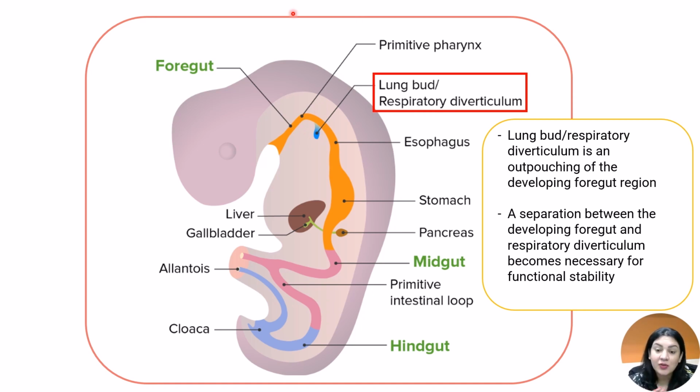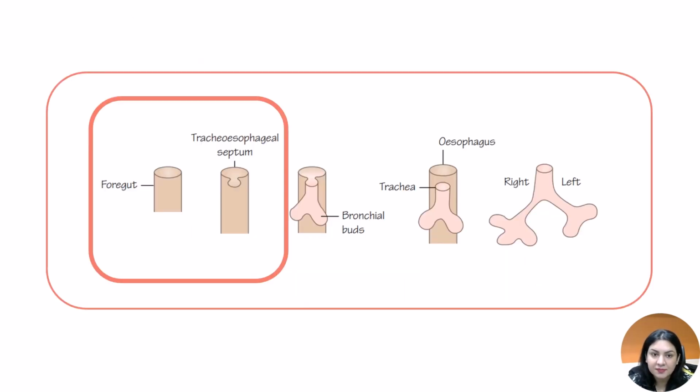And eventually, as development progresses, in order for there to be functional stability, a separation starts to exist between what will be the respiratory system and what will be the digestive system. This becomes very apparent as we progress through development.